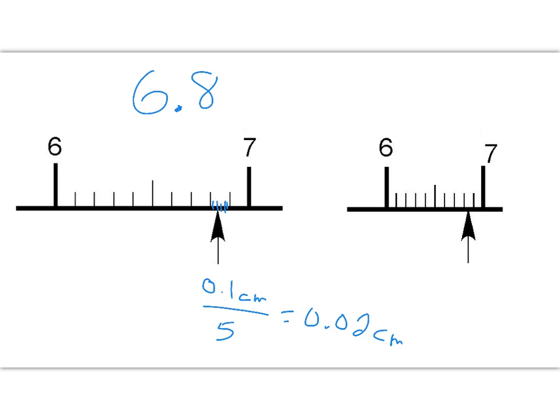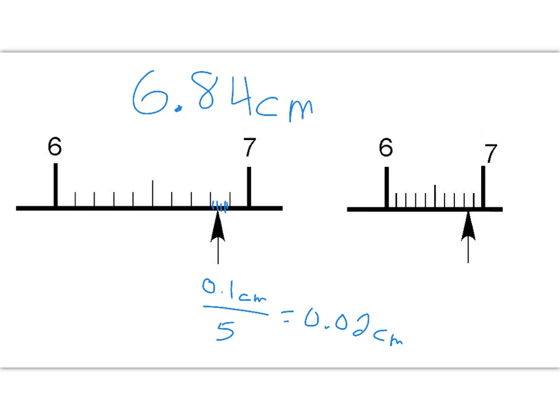There's 5 lines we drew, so just divide it. It's 0.02. If these were even, this looks like it's at about that second line. So we would put 6.84 centimeters. Always important to include the units. You could do this in the case that you didn't think you could get 10 lines drawn in there.